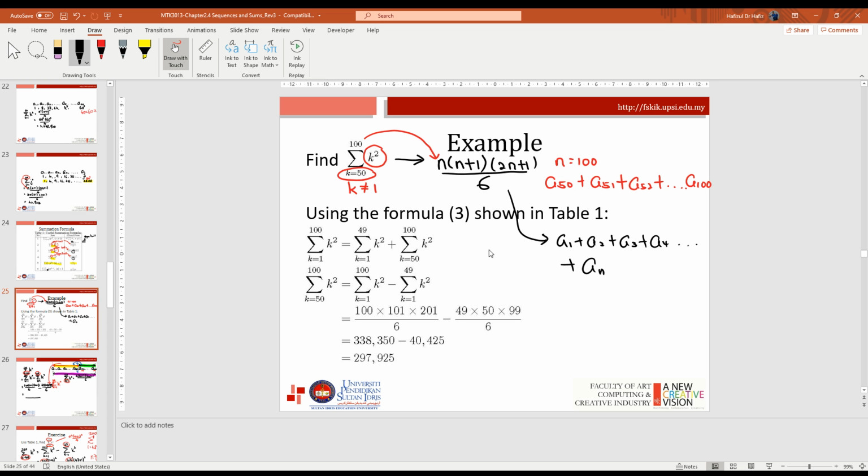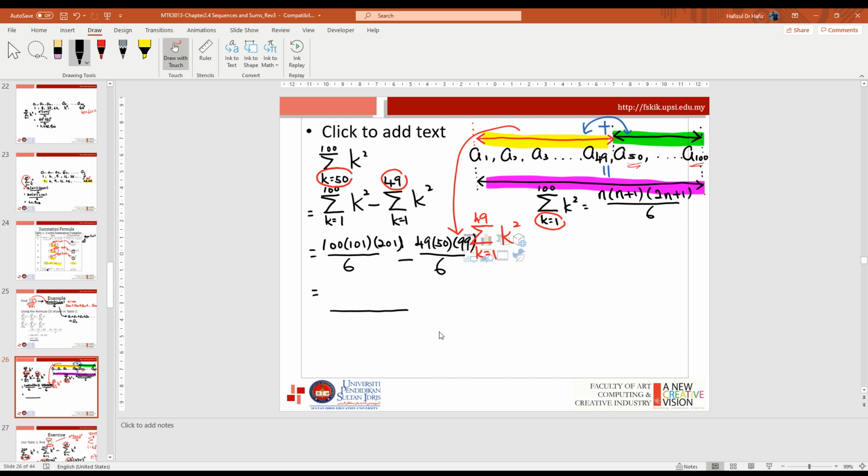Okay, for example, we have the sum to 100, k to the power of 2, k from 50, k is not equal to 1, and then we divide it by 6. Then the total will be 297,925.